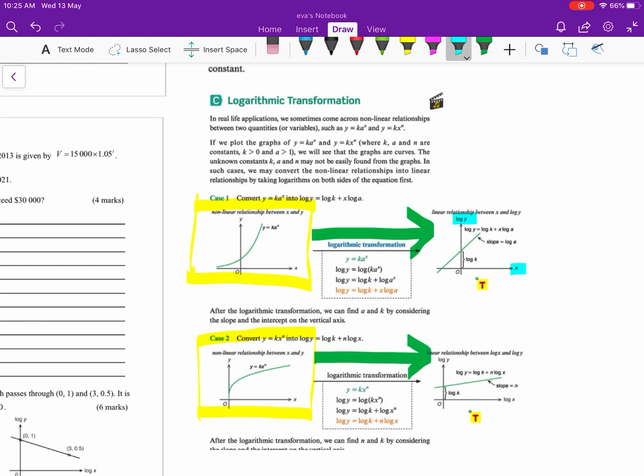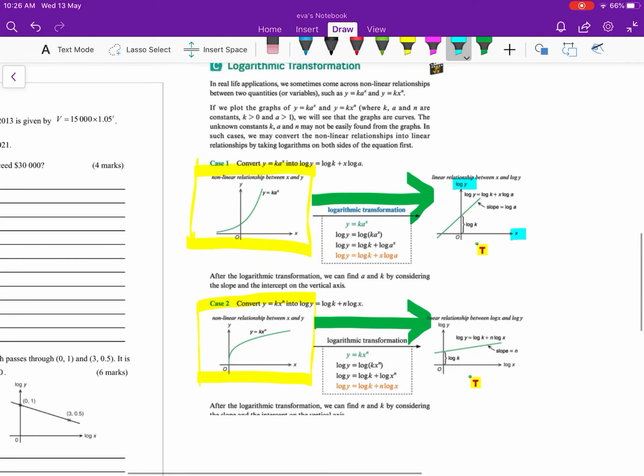And the second case, the power is n and x is the base. After we do similar things to case one, take log on both sides and then separate them by addition, we can see this is a log y to log x equation. So we have to pay attention to these variables.